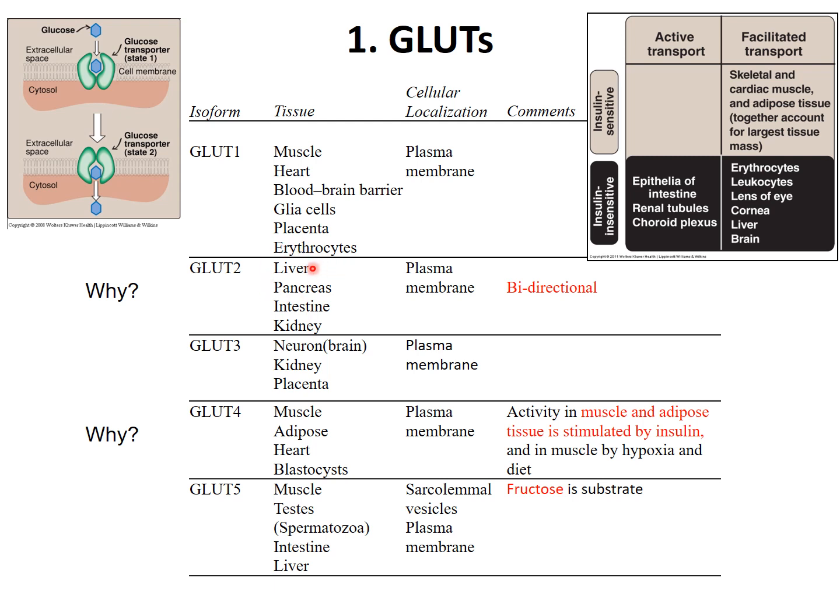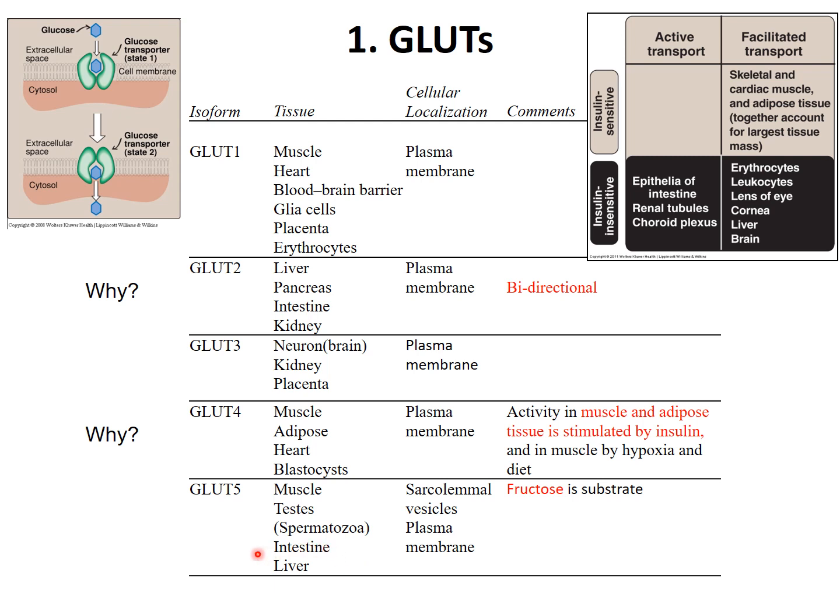It's important to remember that liver has GLUT2 because liver needs to actually not just take up glucose but also release it to the circulation. Kidney also and pancreas have this GLUT2. GLUT3 is more specific to the neuronal cells, kidney, and placenta. And GLUT5 is actually fructose specific.